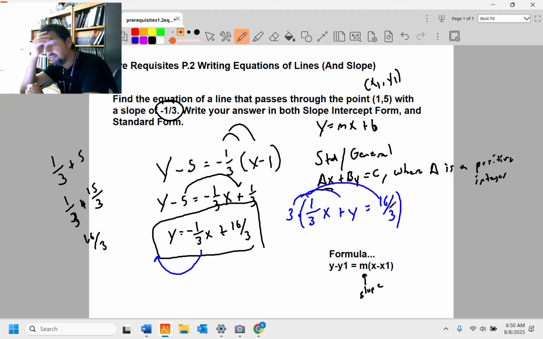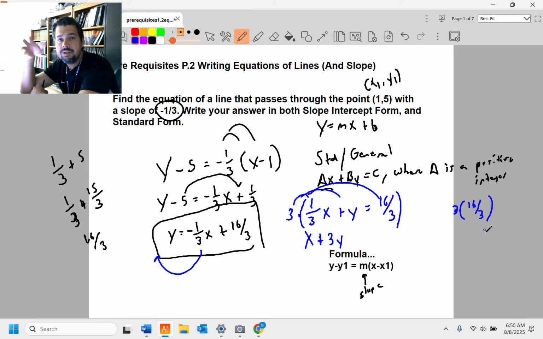Balancing, well, I'm tired. I have to do it for balance. Anyways, 1/3 of 3 is 1. So just a singular x. 3 times y is 3y. And, again, a lot of this is a pretty big deal that you remember your 5th grade math. If you do 3 times 16/3, the 3's cancel. And that is general form or standard form.